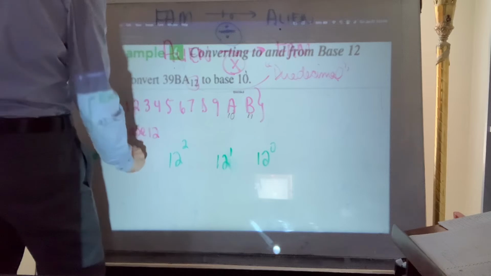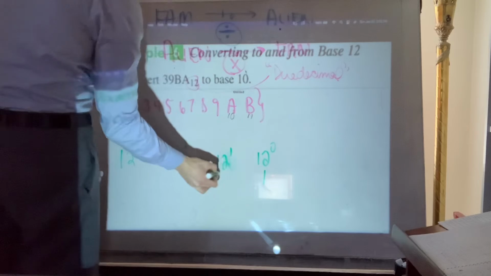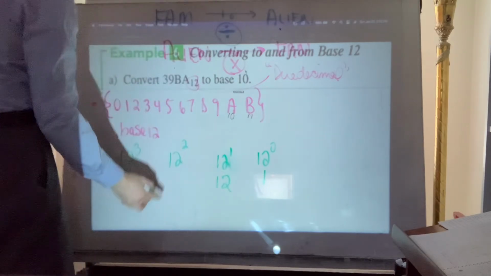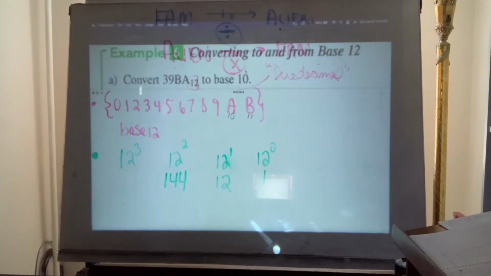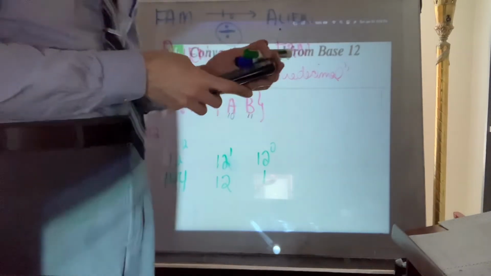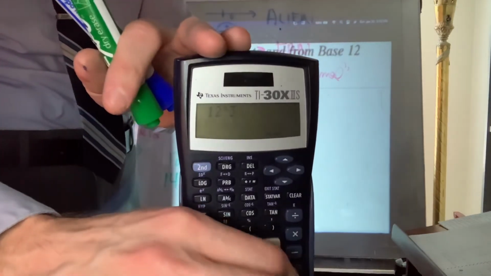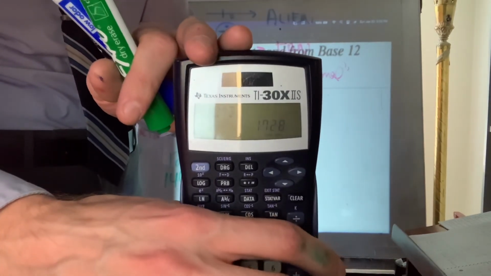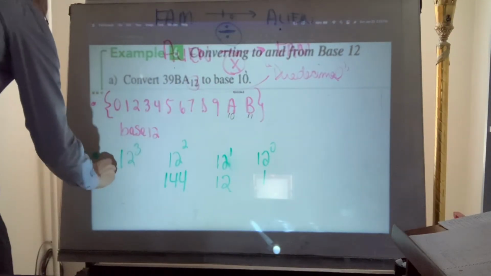Maybe we can get away with 12 to the third. 12 to the 0 is naturally 1. 12 to the first is just itself, 12. 12 squared is 144. 12 to the third is 144 times 12, which is 1,728.